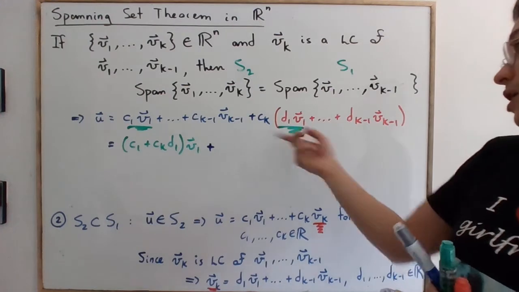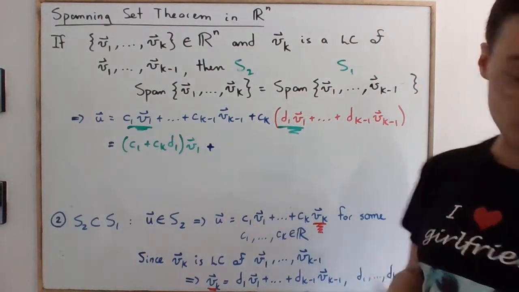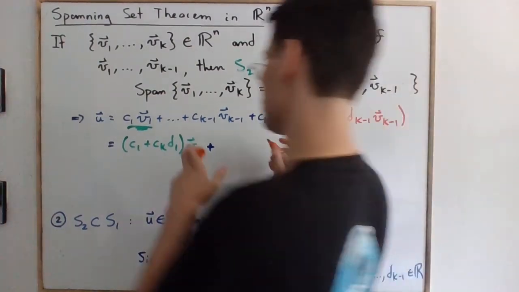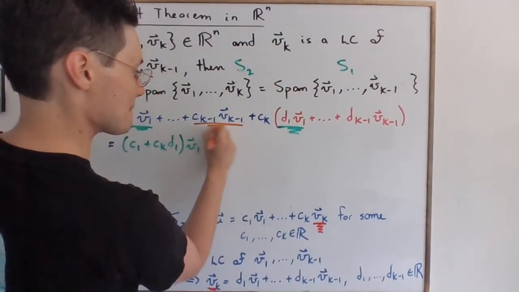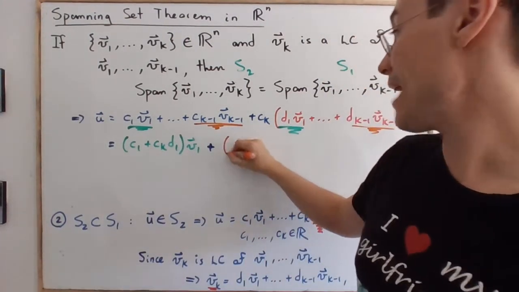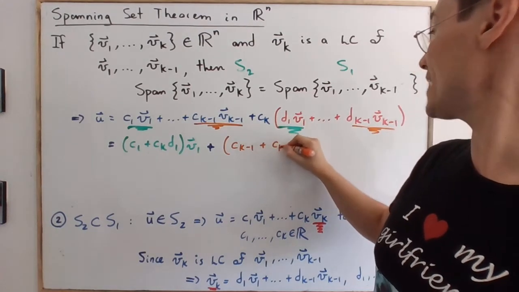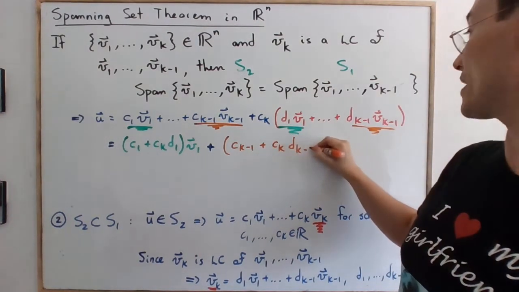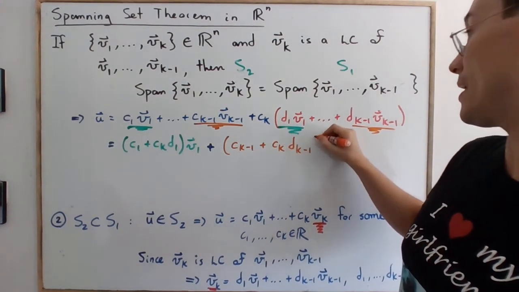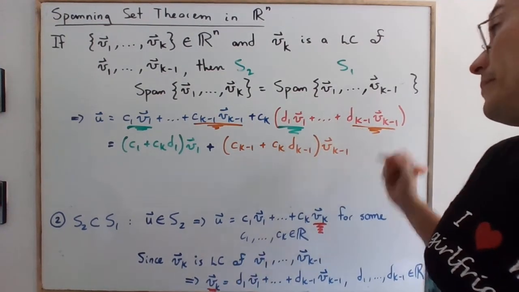And then we continue like this. So we could do the second term if necessary, but actually I will skip that. And we will do the last term here. So what we have is CK minus 1 plus CK times DK minus 1. And this is all multiplied by VK minus 1. Okay?